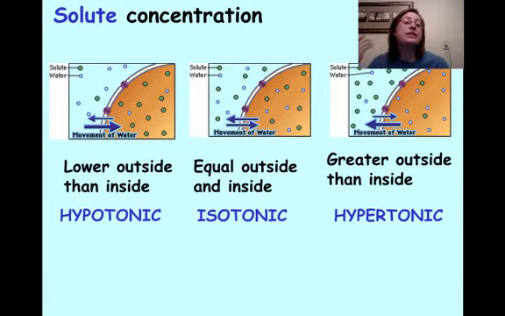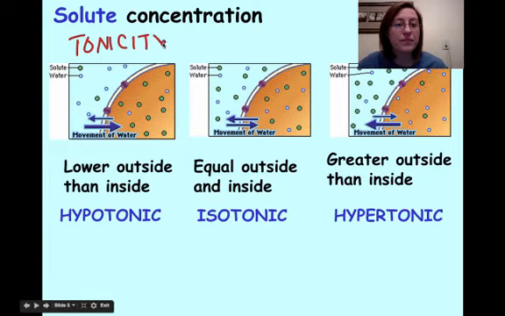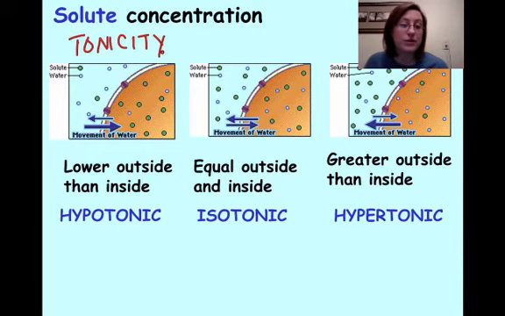So let's take a look at different possible solute concentrations inside and outside of the cell. Here we have 3 diagrams, and we're going to look at them each in a different slide. There are 3 different tonicities. Tonicity refers to the amount of solute concentration.